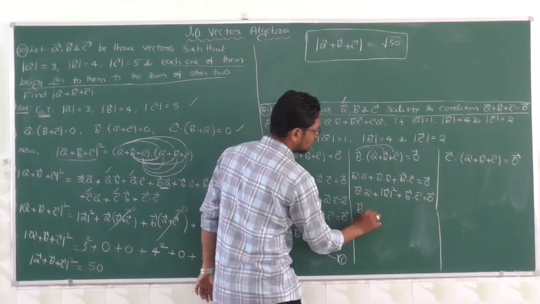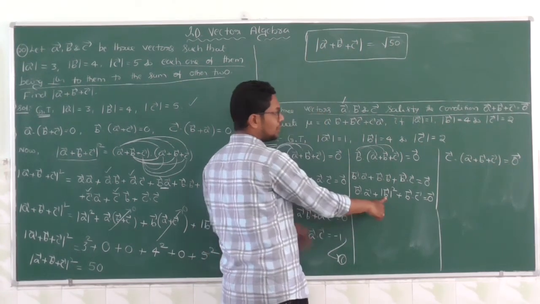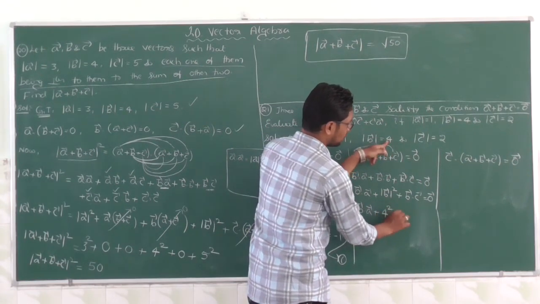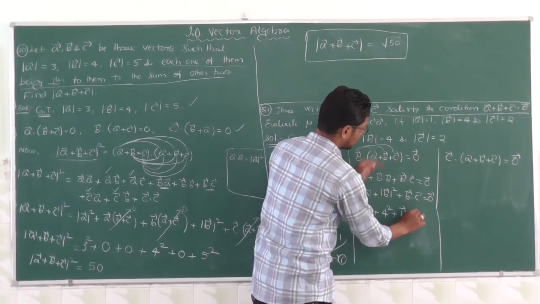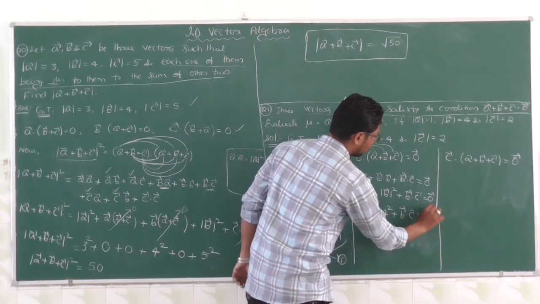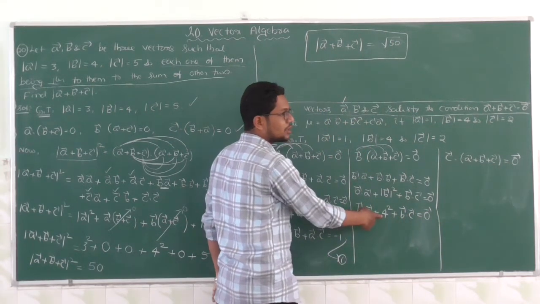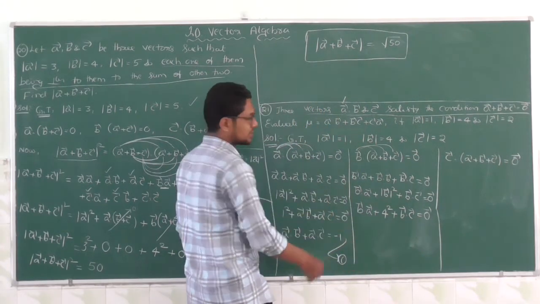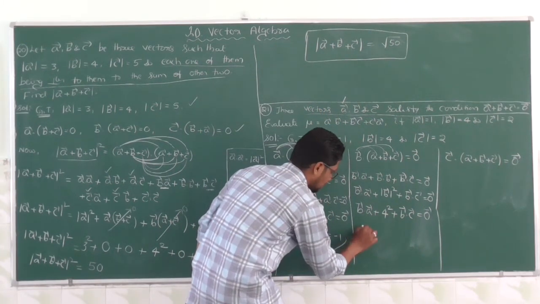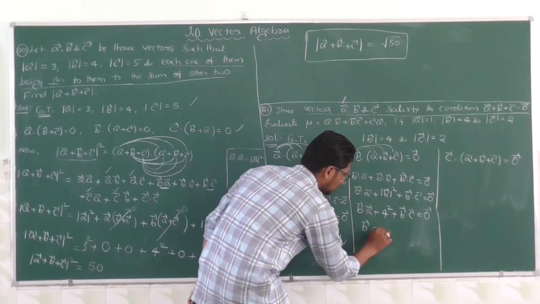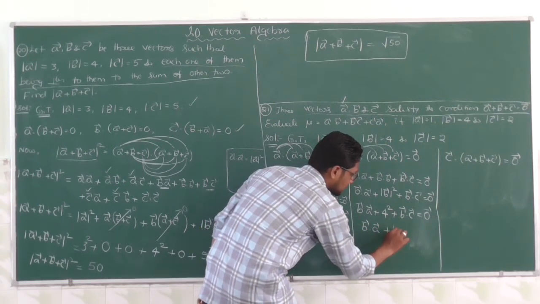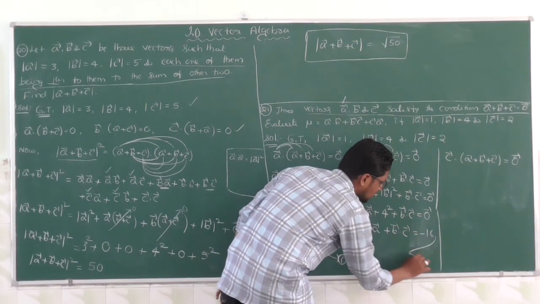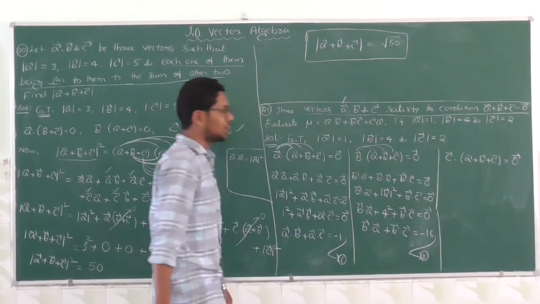Next, magnitude of B, how much? 4, that is 4 square plus B dot A plus B dot C equals to 0 vector. Now 4 square is how much? 16. Send this 16 to the right, that will be minus 16. So B dot A plus B dot C equals to minus 16. All this is equation number 2.